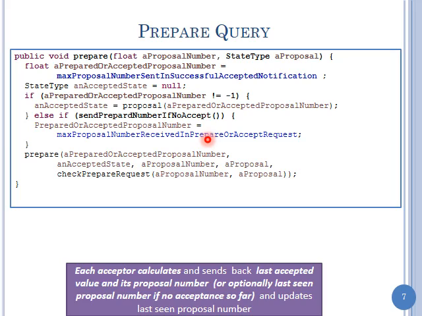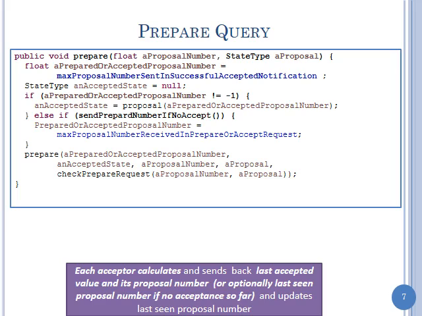So what we send to this helper function is either a prepared number or an accepted proposal number. And whether it's prepared or accepted is decided by this logic here on whether we have an earlier acceptance or not.